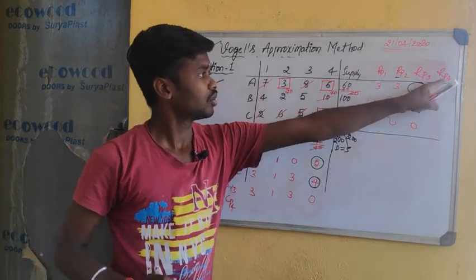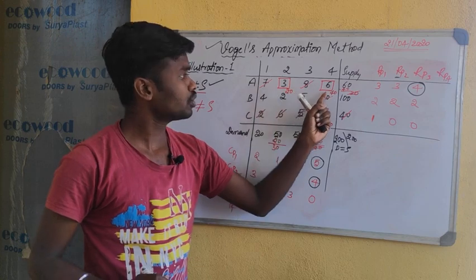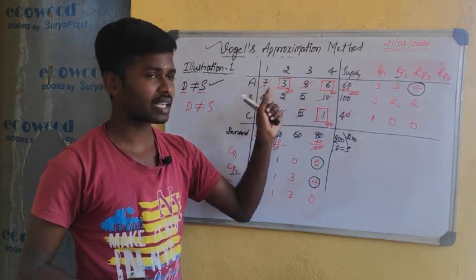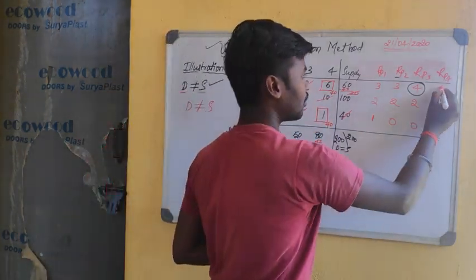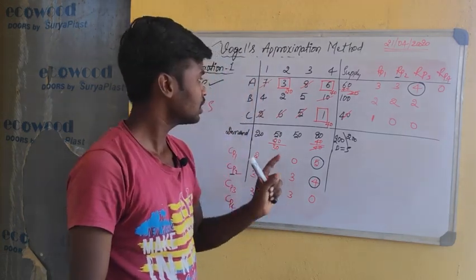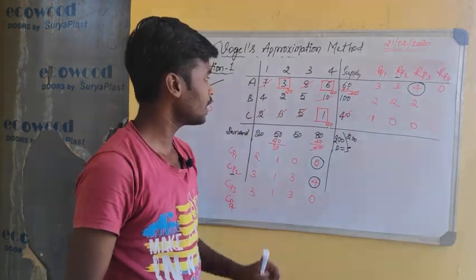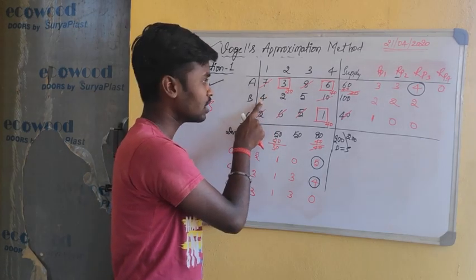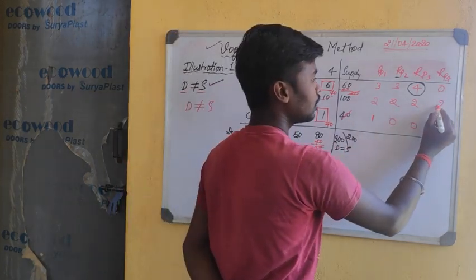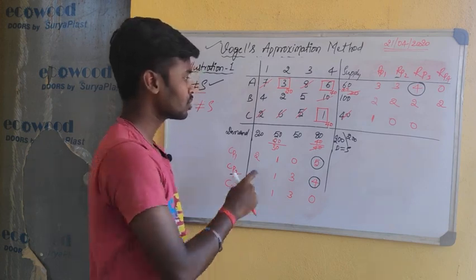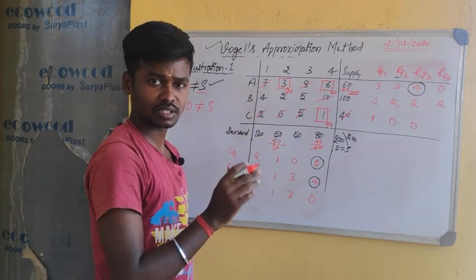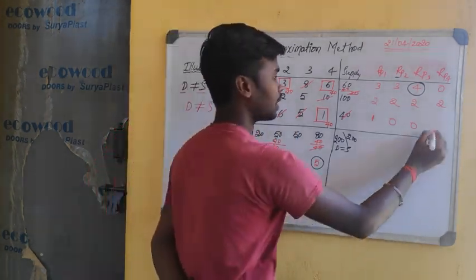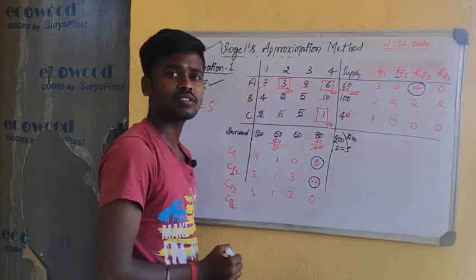Row penalty: in the first row there is no first least number and second least number, hence your penalty will be 0. In the second row, the first least number is 2 and the second least number is 4, hence you will get the penalty 2. In the third row there are no such numbers, so your penalty will be 0.